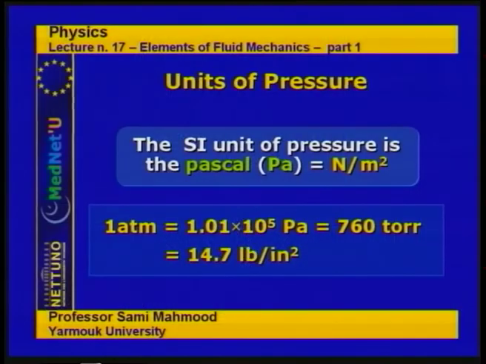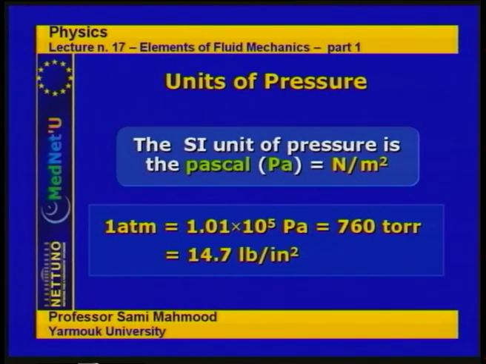There are other units that people use in everyday life for measuring pressure, and one of them is the atmosphere, ATM, where we can, for example, say that the pressure inside a tire of a car is 30 or 35 atmospheres.